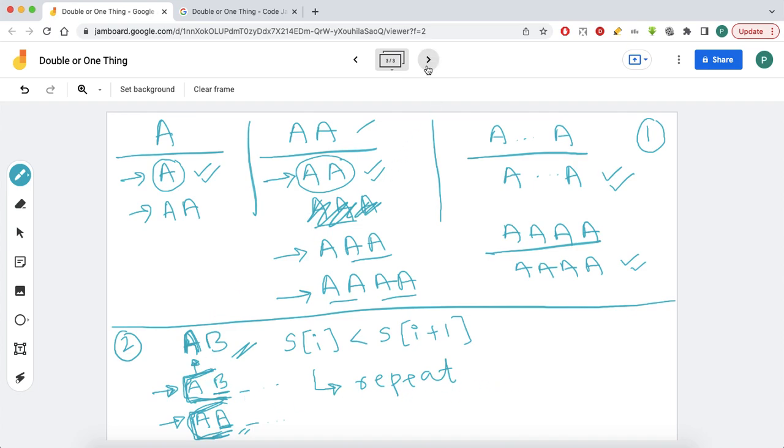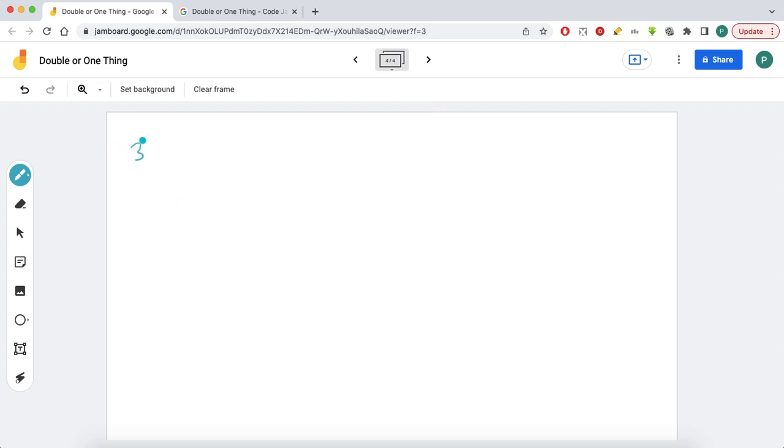Let's see the third observation now. Let's say that we have a string BA. Now we are at the position of capital B, the first character. We have two choices, either to repeat it or not to repeat it. If we were to repeat it, then at the second position we would definitely have B, because we are repeating it, followed by A, and so on.